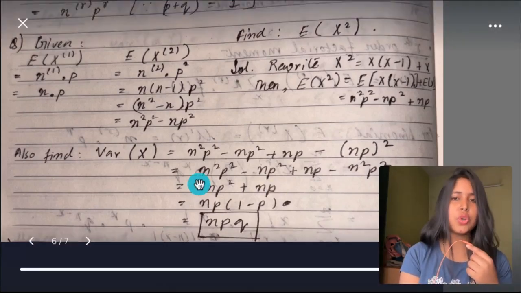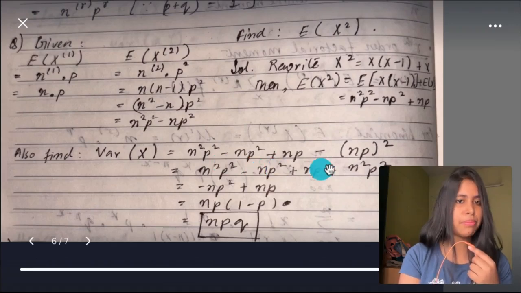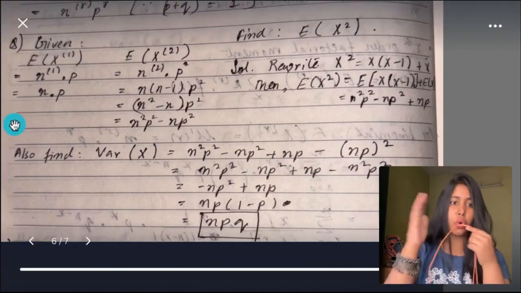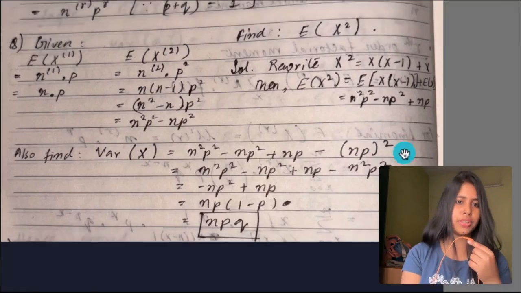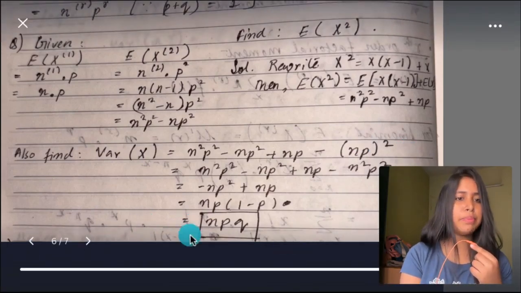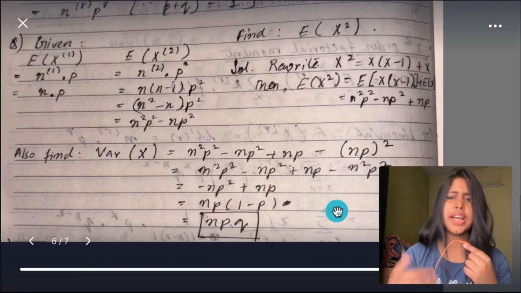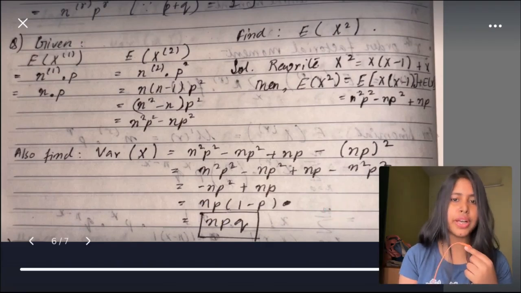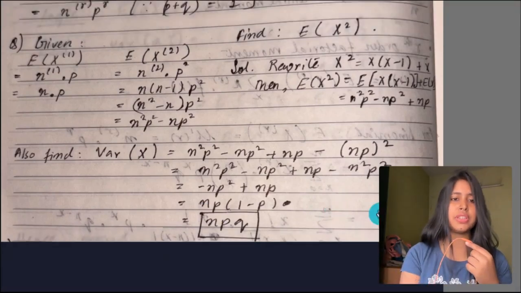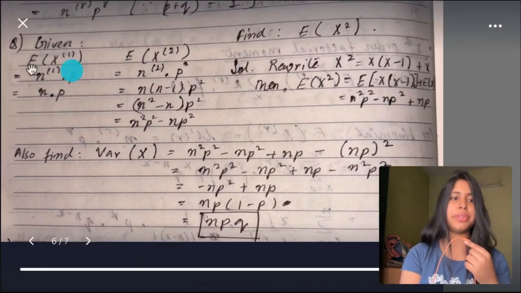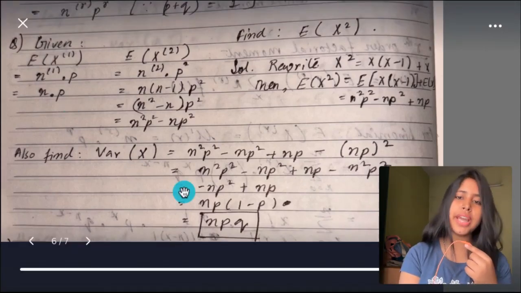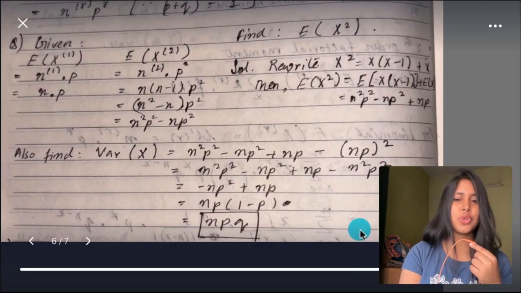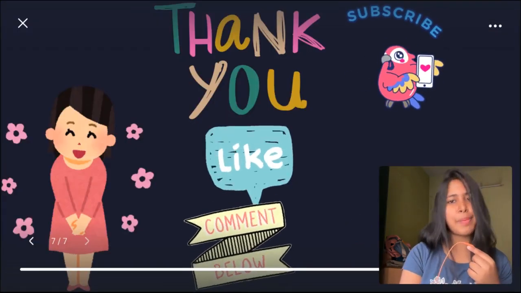Okay, so what do you get? n square p square minus np square plus np minus np whole squared. Okay, and we get np into 1 minus p. And what is 1 minus p? It is q, right? And that is the famous result that the mean of binomial is np and the variance is npq.